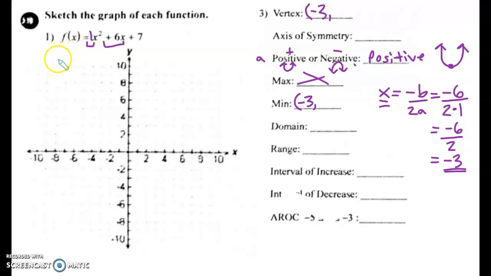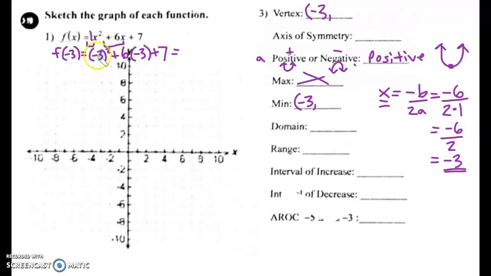I'm going to plug in negative 3 everywhere I see an x. So negative 3 squared plus 6 times negative 3 plus 7. All right, so this equals negative 3 squared. Notice the negative is inside the parentheses, so the negative also gets squared.